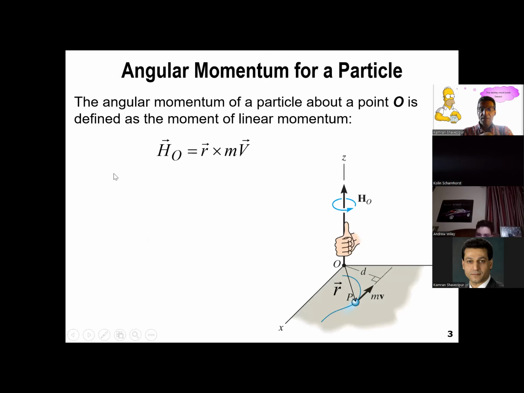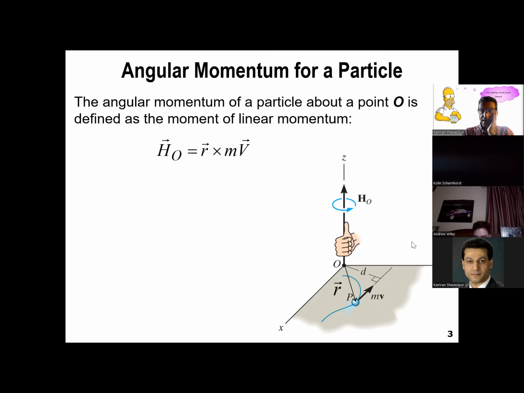So this is how we define the angular momentum of a particle. Technically, the angular momentum of a particle is the moment of linear momentum, right? Which means if you have a particle with velocity, its linear momentum is mv, and this mv is a vector.